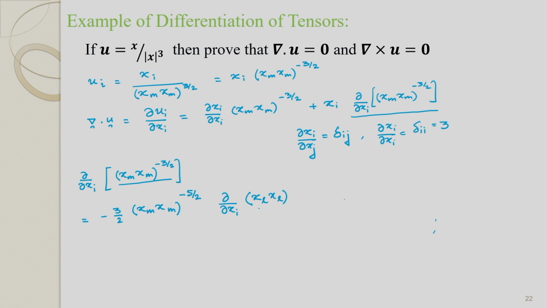Now here we cannot write further xi xm because m is a dummy index and we have already used it here 2 times.